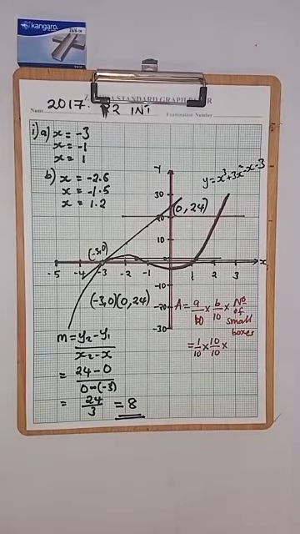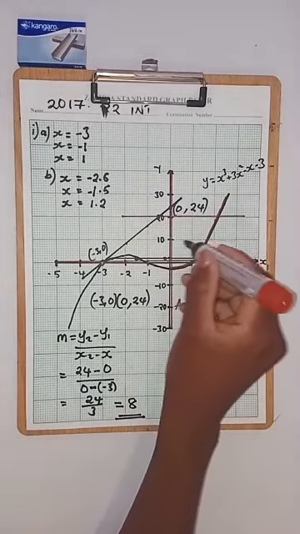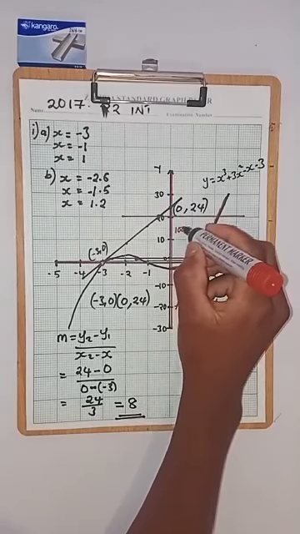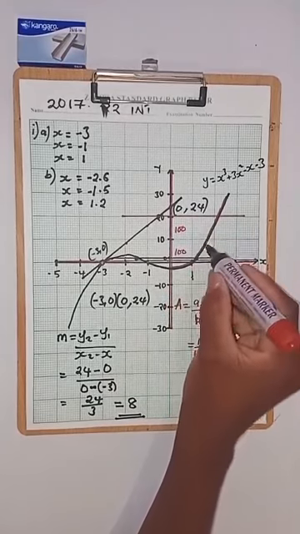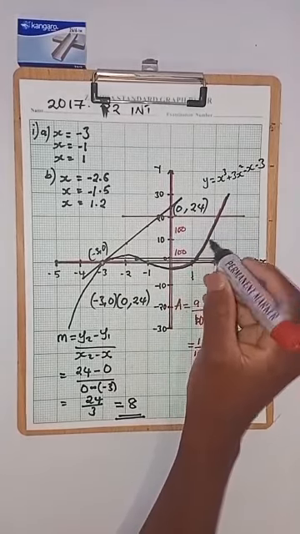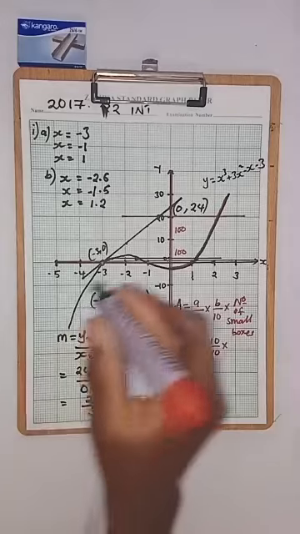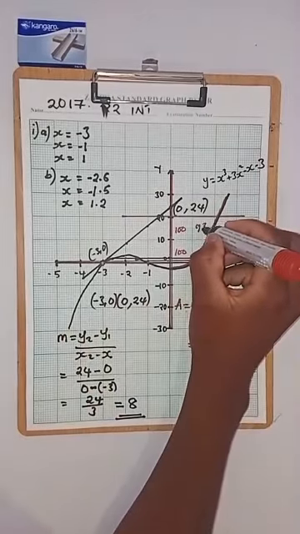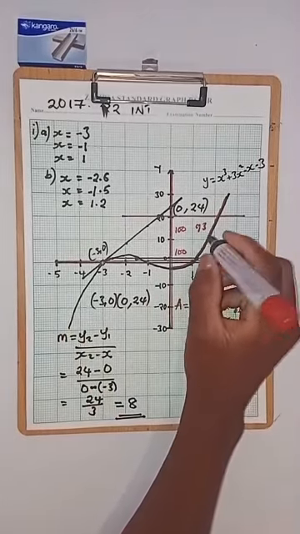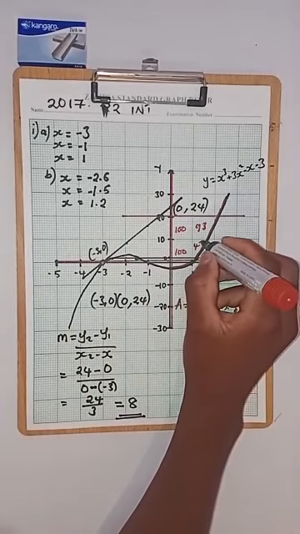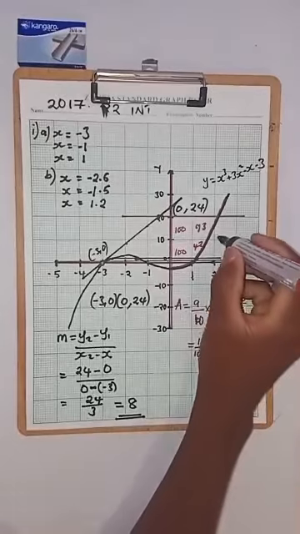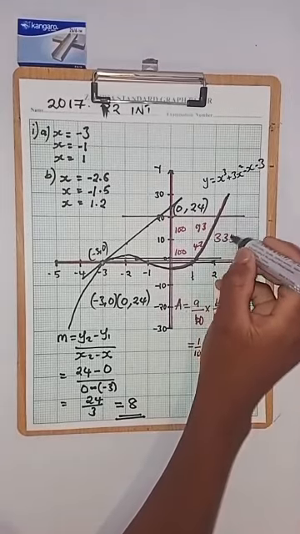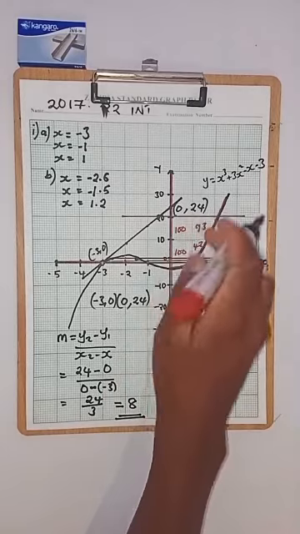You are going to count these boxes. So here, this one here is a full box, so it means here we have 100. This one also is full, we have 100 here. So you're going to count these, and then you're going to find your answer as somewhere 93. Here you're going to have 42. Okay, now you're going to add these up, and you're going to get 335 for these small boxes.